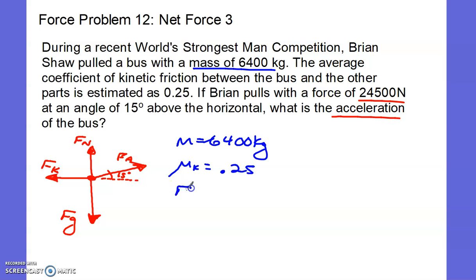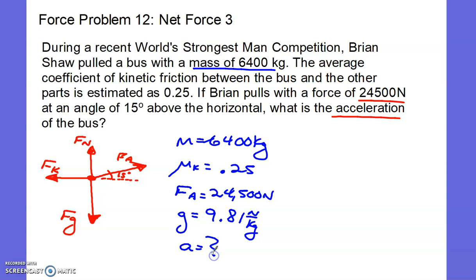We are given that the applied force is 24,500 newtons. And as always, we know that the gravitational field constant is 9.81 newtons for every kilogram. We're going to figure out the acceleration of the bus.